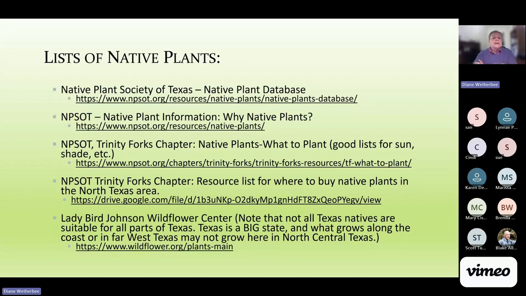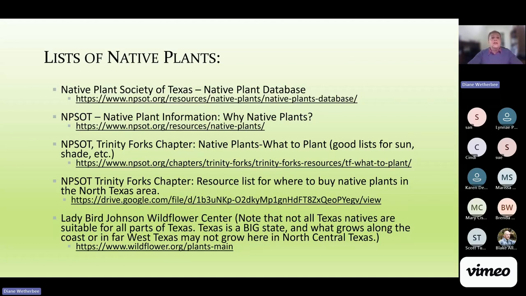Of course, the Native Plant Society has a great native plant database. They have this, Why Native Plants, another good discussion. Our local chapter, Trinity Forks chapter, has some really great lists.